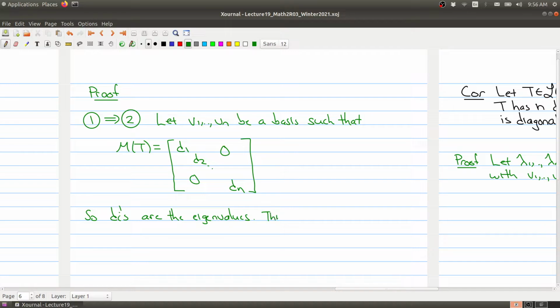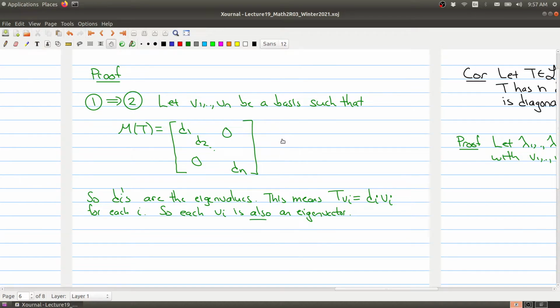Just remember what this means. This means that T evaluated at vi is the same thing as multiplying the vector by the constant di for each i. But when you look at this expression, that means each vi is an eigenvector.